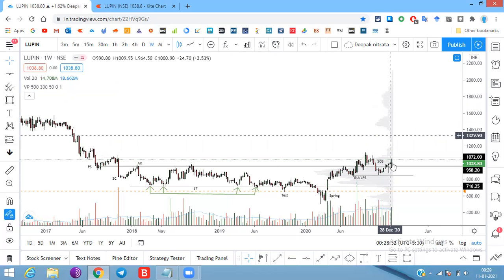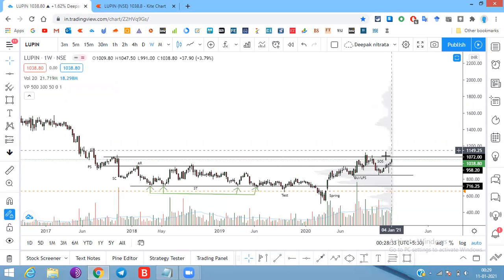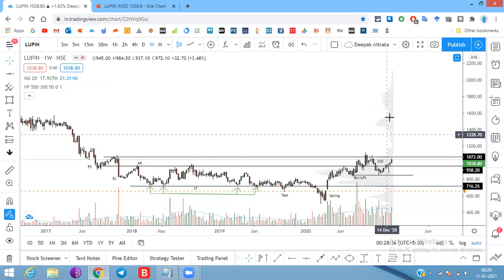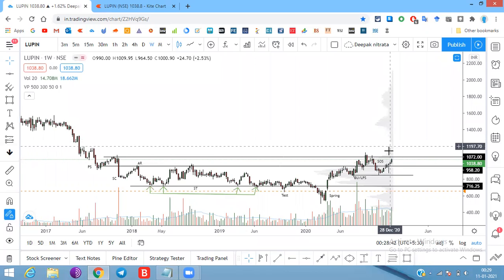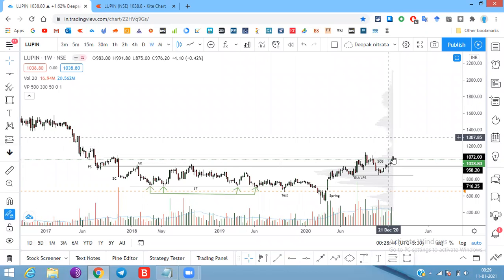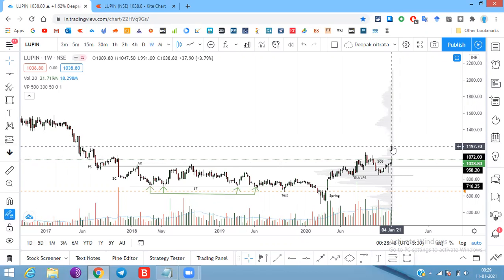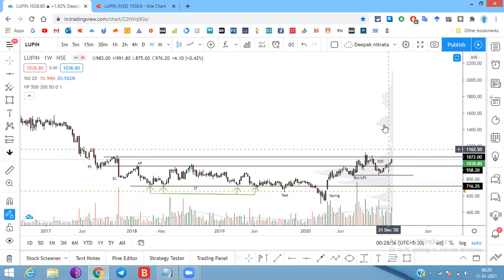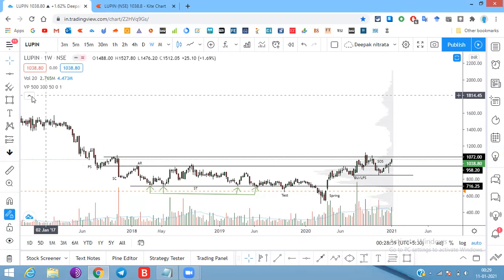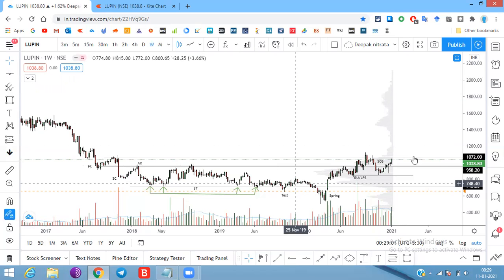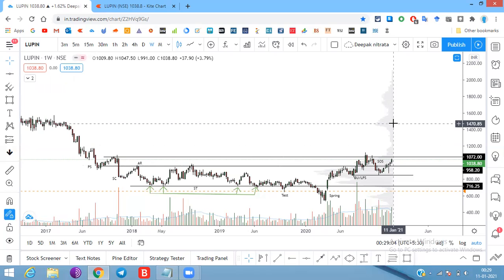So we can take good trades in this particular zone also. After this breakout, we can say that we can take some fruitful profits from this zone, from 1100 to 1400s.